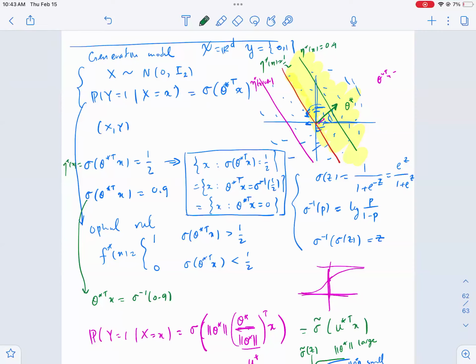This already has built-in noise, and you can just vary it by changing the size of theta star. It's not additive noise, but it's controlled by how large theta star is. The direction defines the shape of the boundary, but the size determines how noisy the problem is.